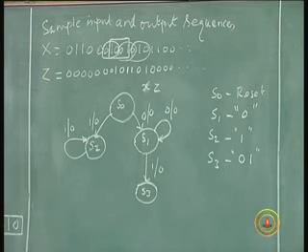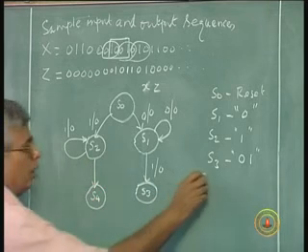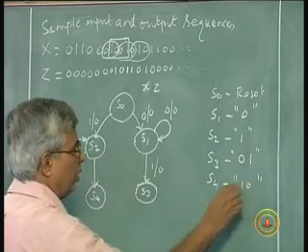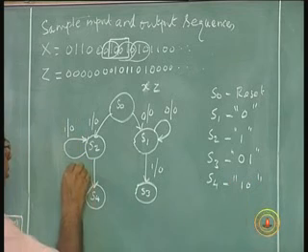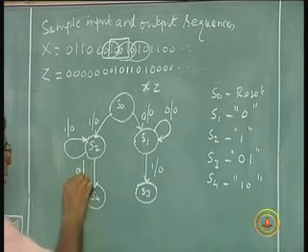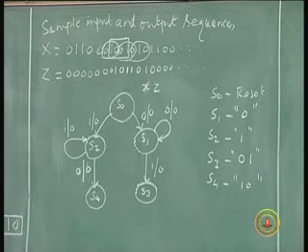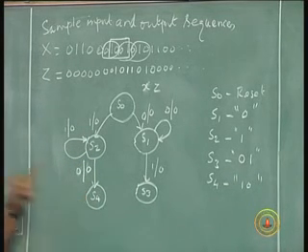So if the 0 occurs, let us create a new state called S4, in which 1, 0 will be remembered. That means up to this point a pattern of 1, 0 has occurred. That's what it means.